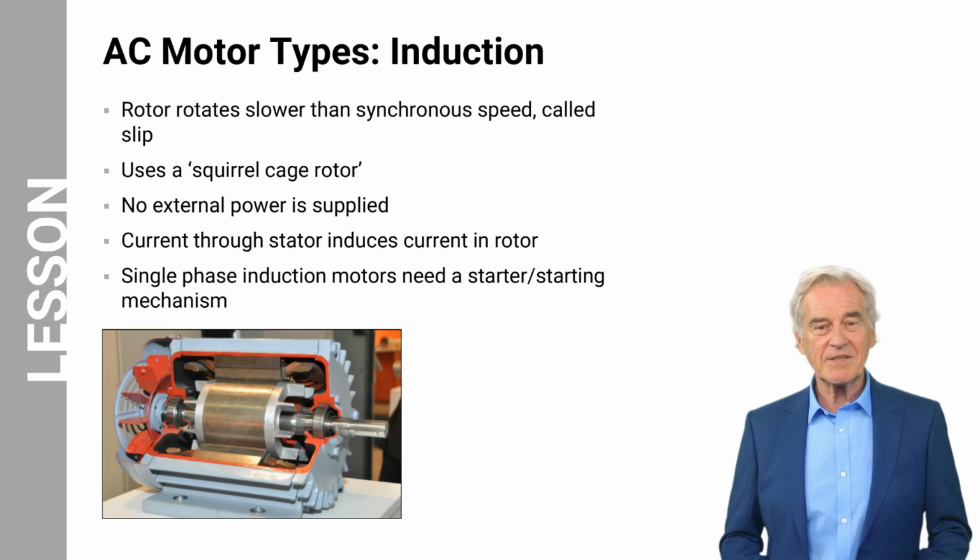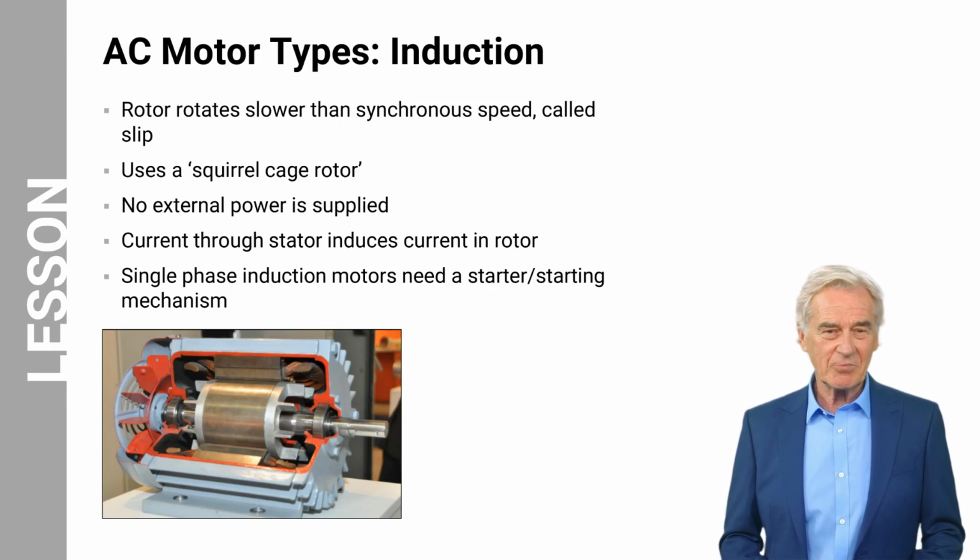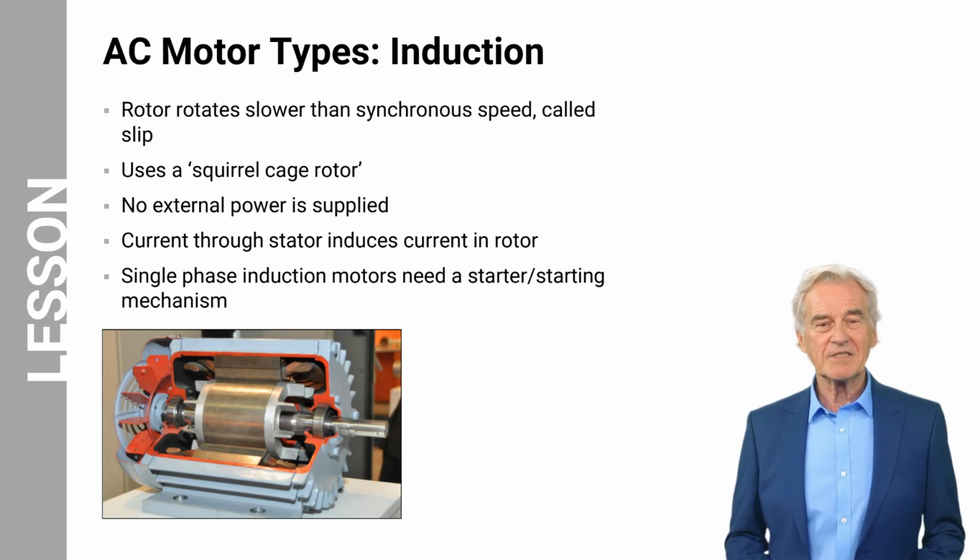Unlike synchronous motors, the rotor windings do not receive external power. Instead, the current flowing through the stator windings induces a current in the rotor windings. This induced current then creates the rotor's magnetic field, which attempts to synchronize with the rotating stator field. However, complete synchronization is never achieved, resulting in the characteristic slip. It's important to note that single-phase induction motors require an external starting mechanism.